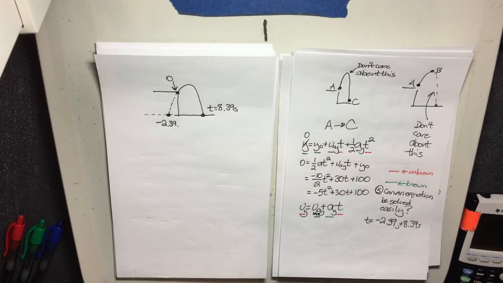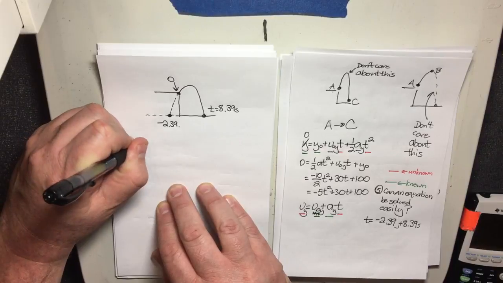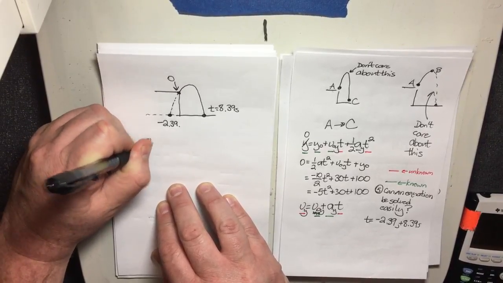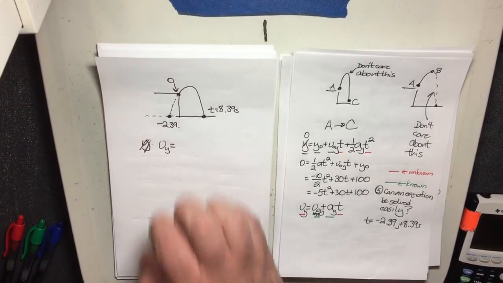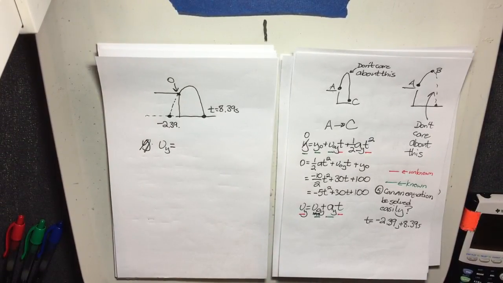Now that we have that answer, the velocity at impact is solvable. Now let me ask you a question just to see if you guys are thinking. Should the answer be positive or negative for v sub y? Should be negative. Why?